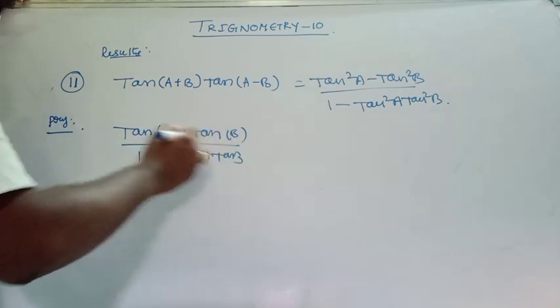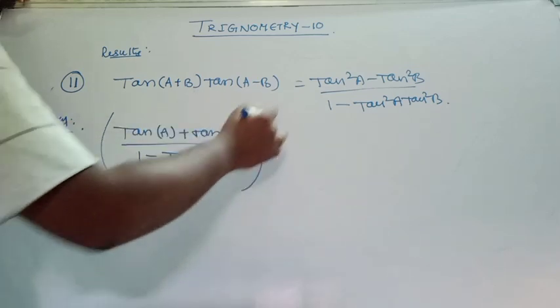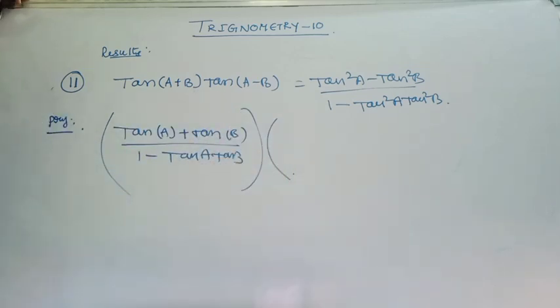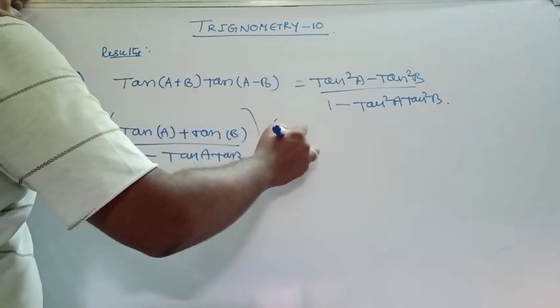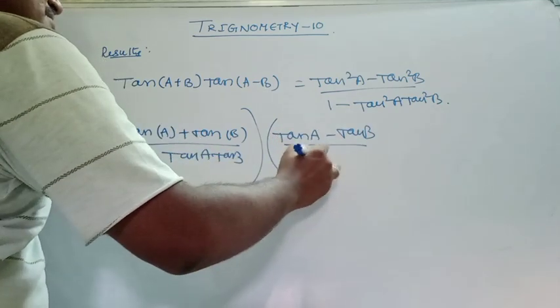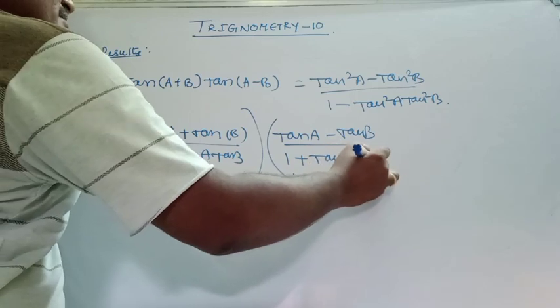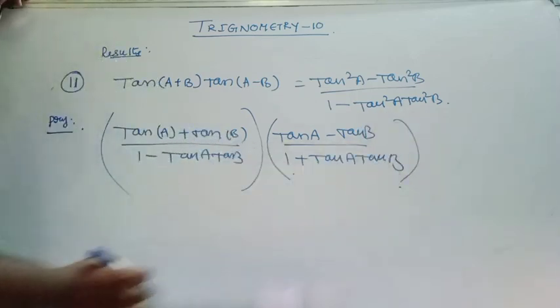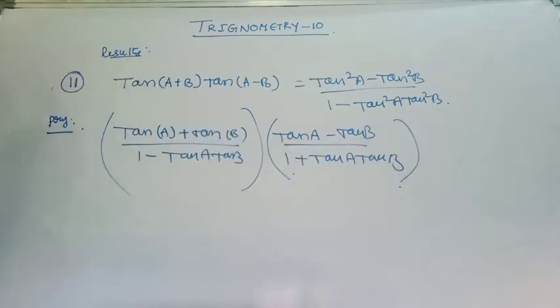This is the tan A plus B formula. This into tan A minus B, which is tan A minus tan B by 1 plus tan A tan B. Now the numerators and denominators you multiply separately.